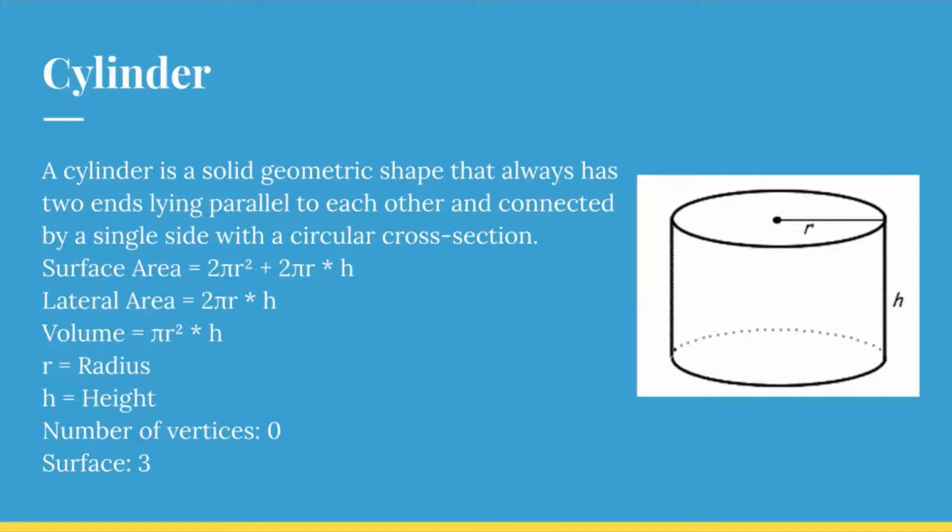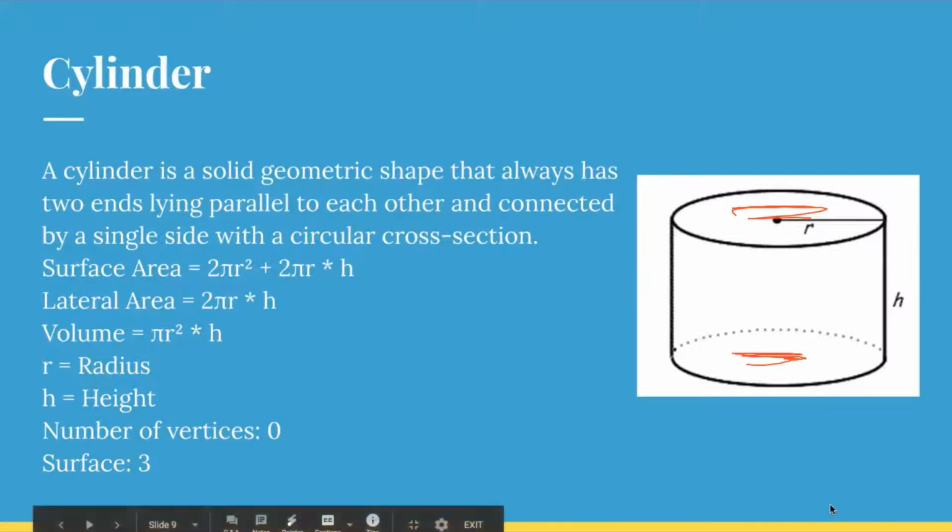The lateral area doesn't count the two circles on the top or bottom, so it's just 2 pi r times the height. The volume is pi r squared times the height. R stands for the radius, h stands for the height, and the cylinder has 0 vertices and 3 surfaces.